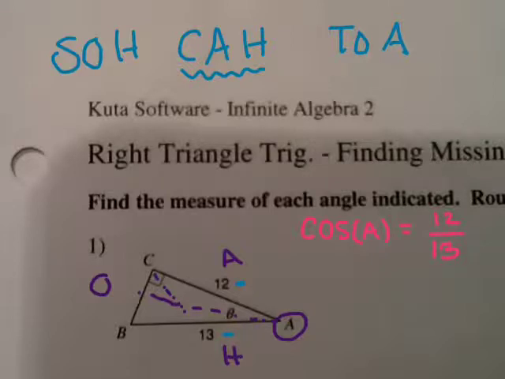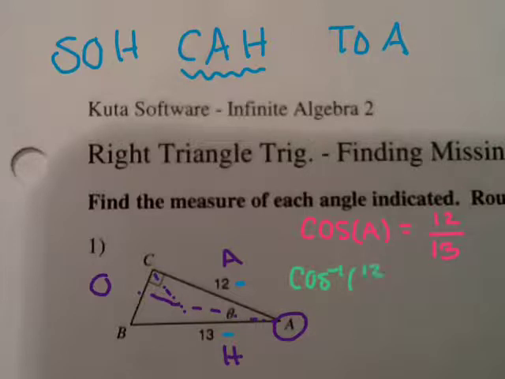Okay, well, the angle is missing, so that means we have to use the inverse. When you find the inverse, you're actually going to be typing in the fraction, not the angle.